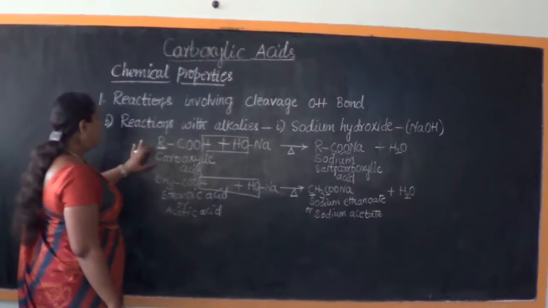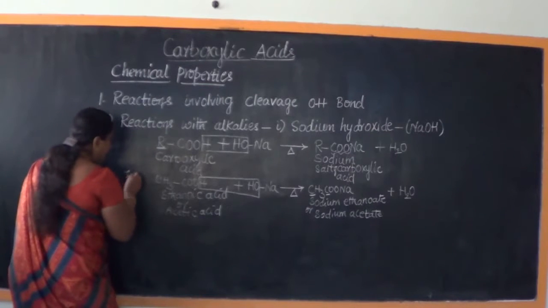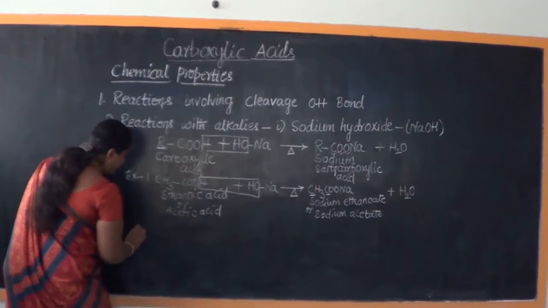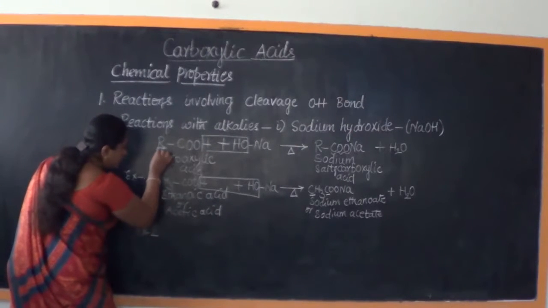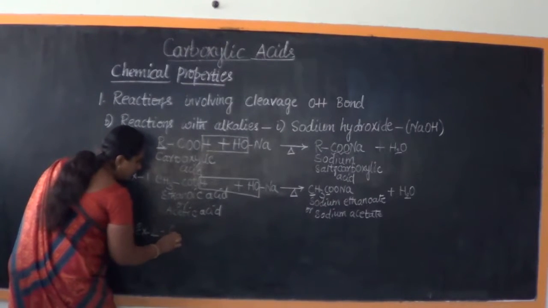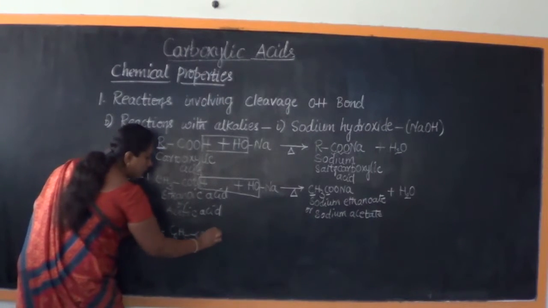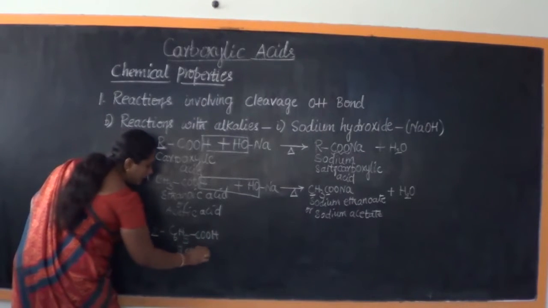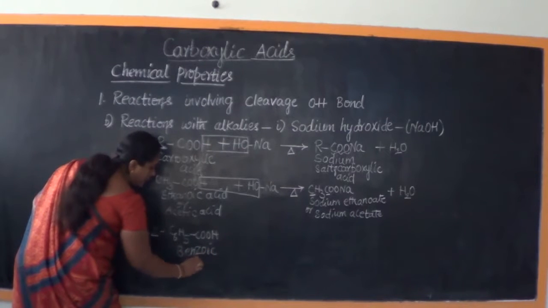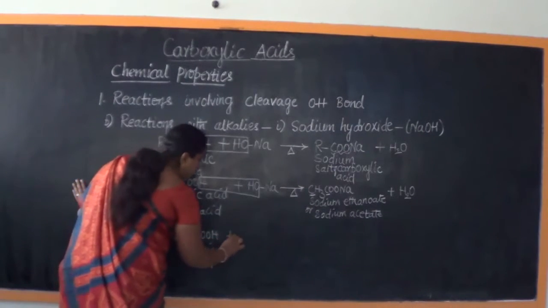Now let me replace the R, in the second example, this was example 1, and in example 2, let me replace this R with an aromatic compound, C6H5, then COOH. So what is the name of this compound? You know that it is benzoic acid or benzene carboxylic acid.